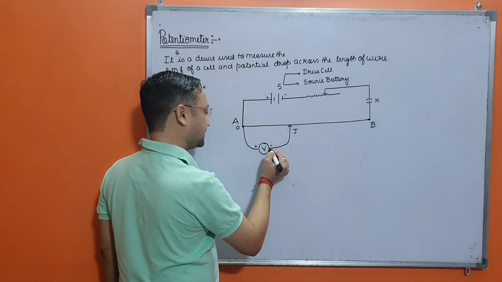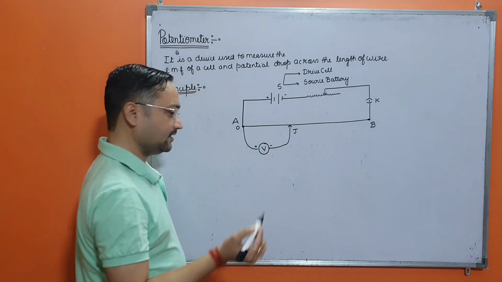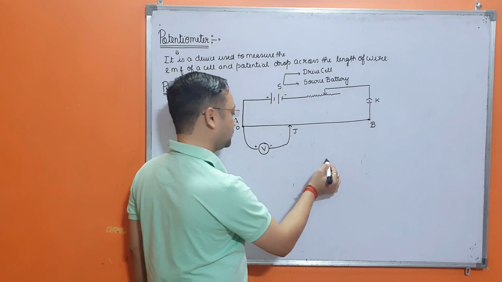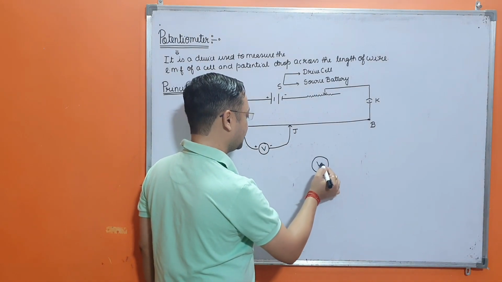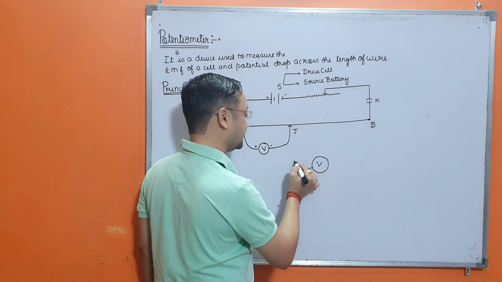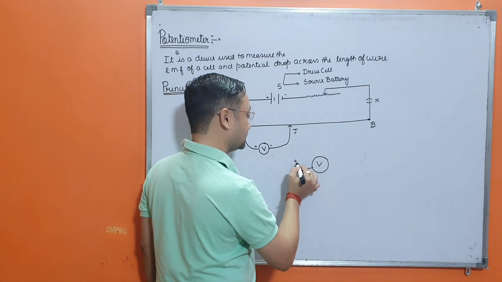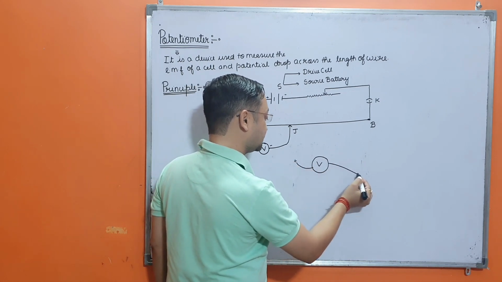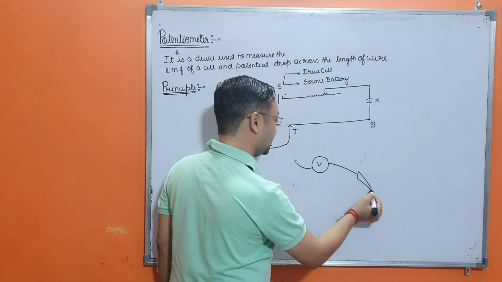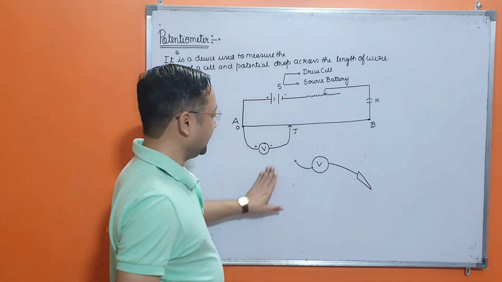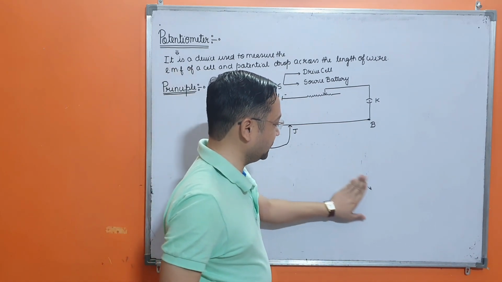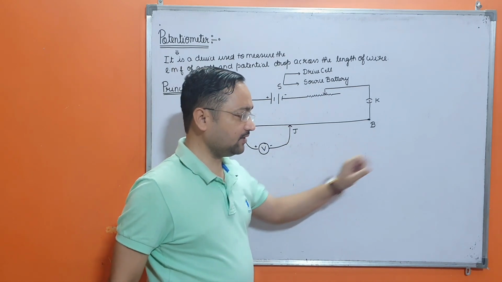Just take a wire, connect the negative terminal, and then connect it to a pencil jockey. If you want to know the circuit connection in the lab, this is the 0 end, that is the positive terminal, and you take the wire and connect it to the pencil jockey, and this jockey will move over this potentiometer wire.